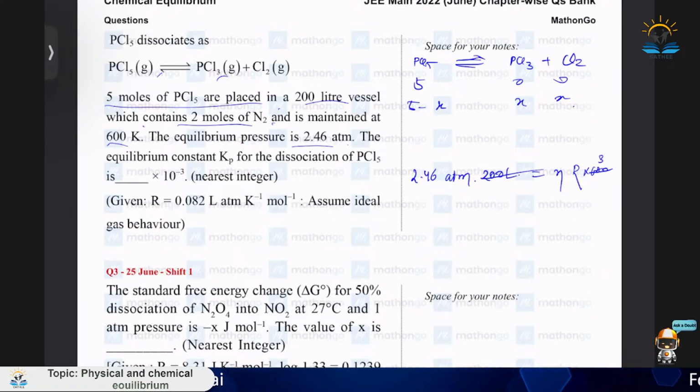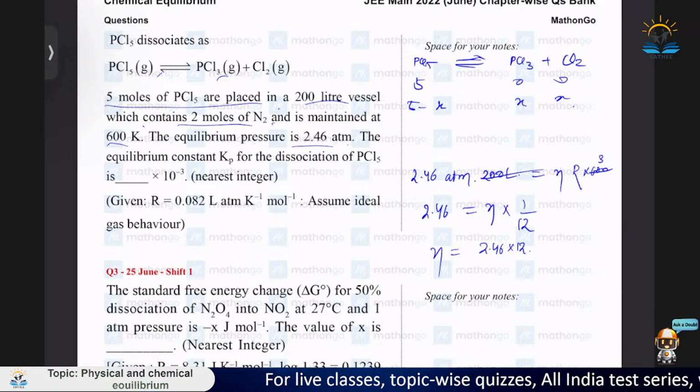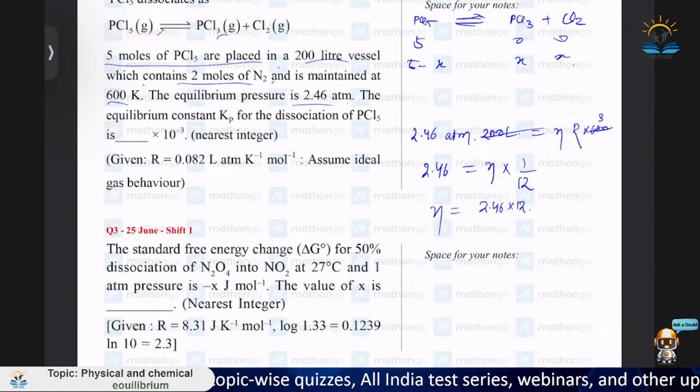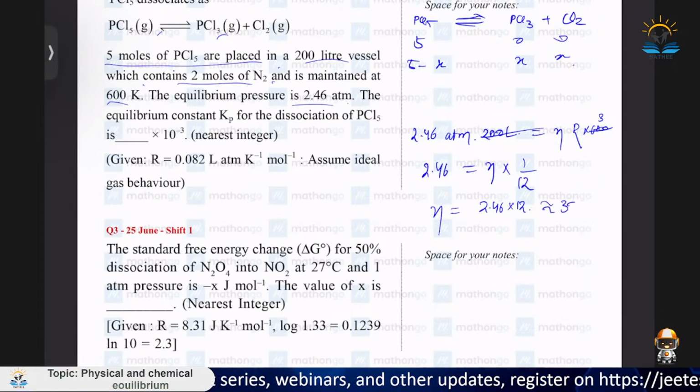So 2.46 is equal to N into 1 by 12, which is the value of R. So N is equal to 2.46 into 12, which is the number of moles. If we multiply 2.46 into 12, it is almost equal to 30.